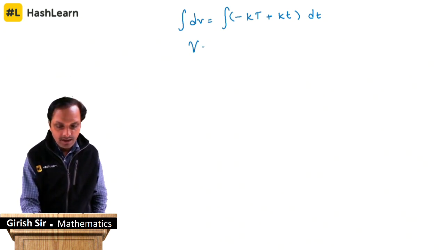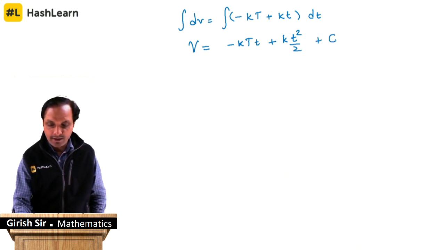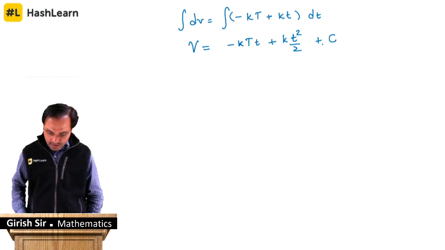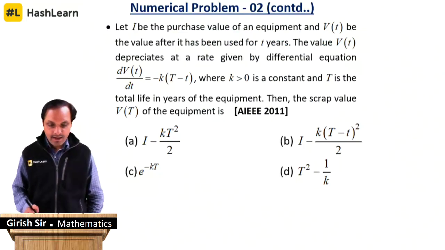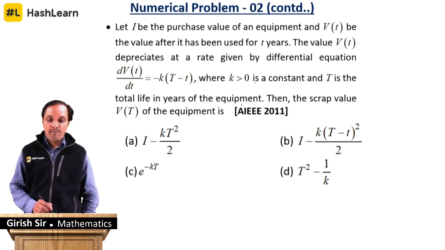dv integration is v, and this is minus k into capital T into small t plus k small t square by 2, integration of t square by 2, plus integration constant c. Okay, so now what he is telling you, k is greater than 0 and is a constant, and T is total life of the equipment.